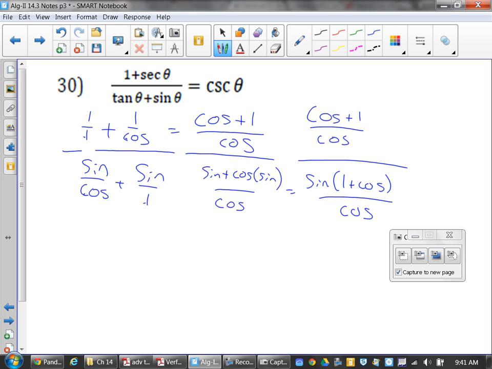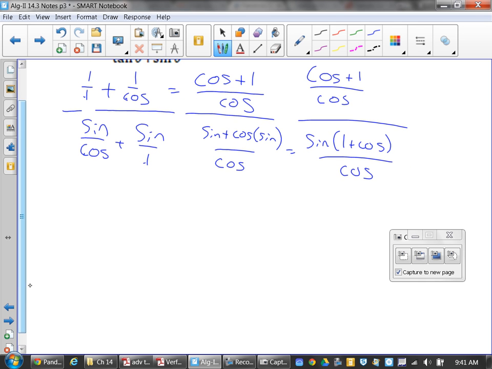So now I have my top fraction as cosine plus 1 over cosine. Then I flip the bottom one and I get cosine over sine times 1 plus cosine. It doesn't matter if you flip the opposite ones, like I flipped the top part, my bad.